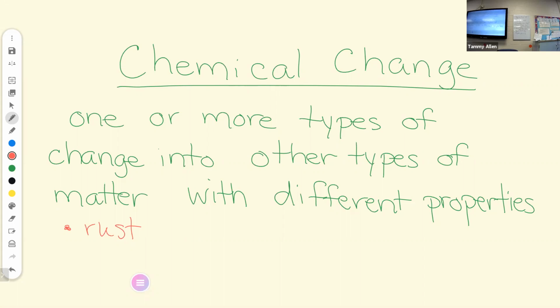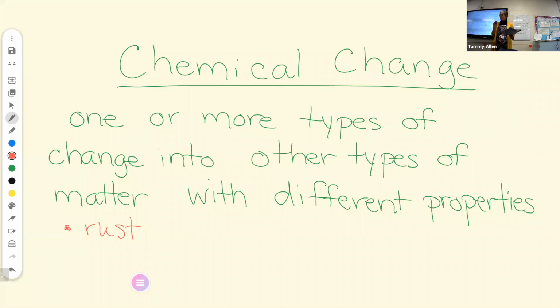The iron before that usually is smooth, right? And it usually is not that orangish red color. When you think of a vehicle that gets rusty, it becomes brittle and changes color.